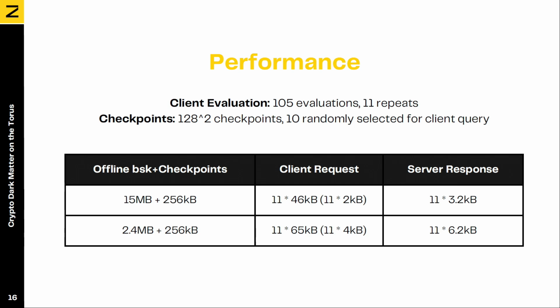Using this plausible assumption and some statistical cryptanalysis on the cut and choose method, we get the following. If you want to batch 105 evaluations together, you get an overhead of 11 times in the online communication cost. This is targeting 80 bits of statistical security and using the assumption from the previous slide.